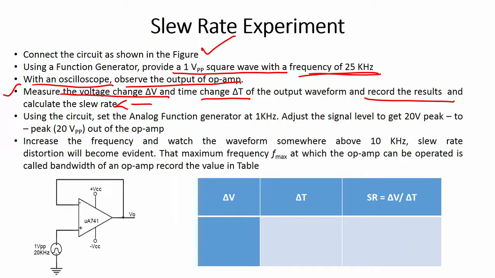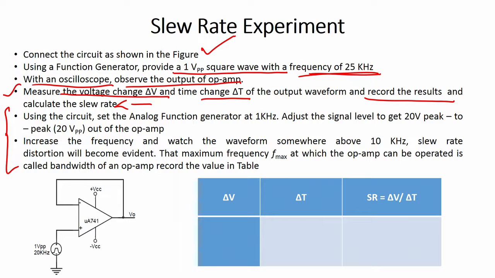Using the circuit, set the analog function generator to 1 kilohertz. Now adjust the signal level to 20 volts peak to peak, increase the frequency, and watch; somewhere about 10 kilohertz, slew rate distortion will become evident. This is not written in the table, but it helps us understand the maximum frequency at which our operational amplifier can operate.